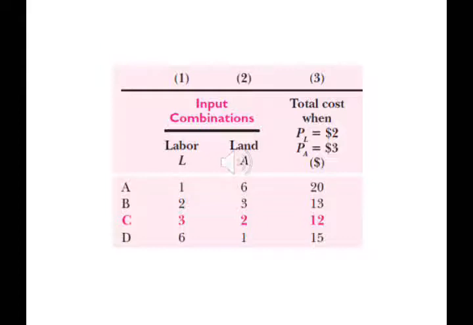So here, labor is given the letter L and land is given the letter A. Okay, so the first production function, which uses 1 unit of labor and 6 acres of land, its total cost will be 1 times 2 plus 6 times 3, which is 20. Okay, and so on and so forth. So we can see that the firm will definitely choose the production function C, which minimizes the cost of production.